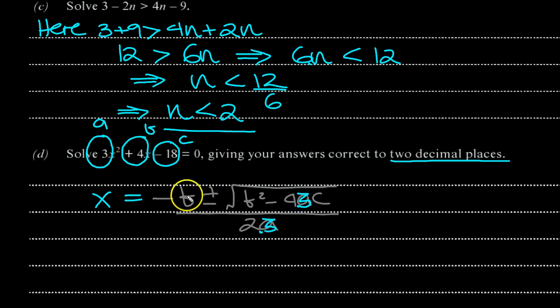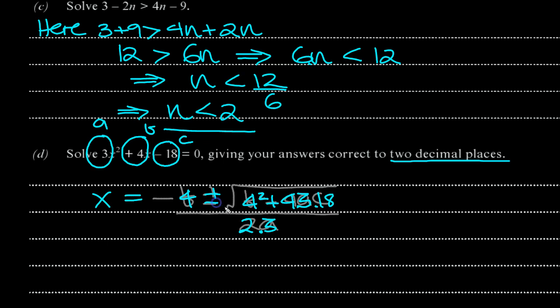B has the value 4, so I'm going to put it in here and here. And then C has the value minus 18. So when I put it in here, that minus will become a plus. And this will be 18 here. This is a 4, of course, isn't it? 4AC. And this is over 2A, so we can put that in like so.